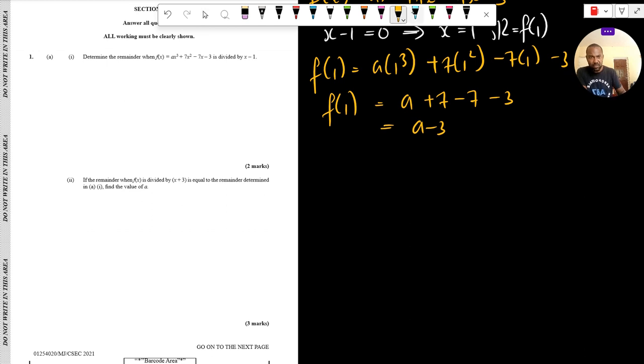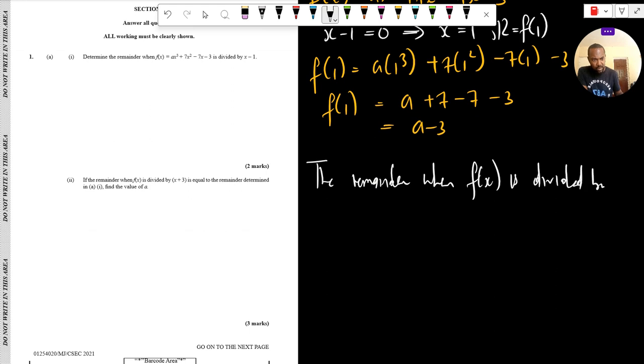So what they're basically saying is that the remainder, I'm going to write it out in words, the remainder when f of x is divided by x plus 3 is the same remainder when f of x is divided by x minus 1, and that of course is equal to a minus 3.